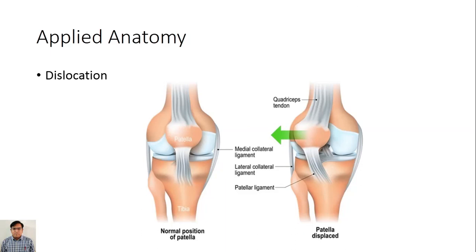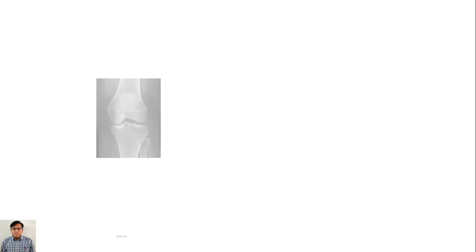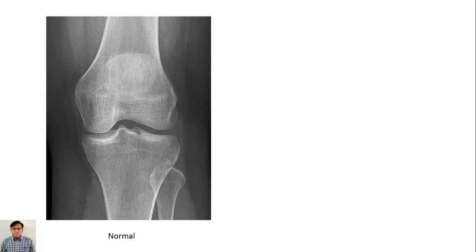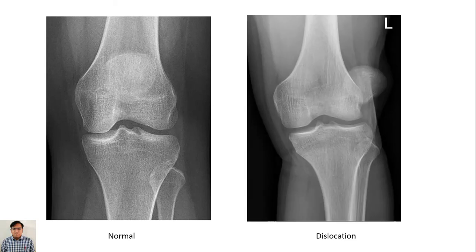So it pulls the patella on medial side. So this is normal X-ray showing patella on central area, and this is the lateral dislocation of patella showing the patella on lateral side.